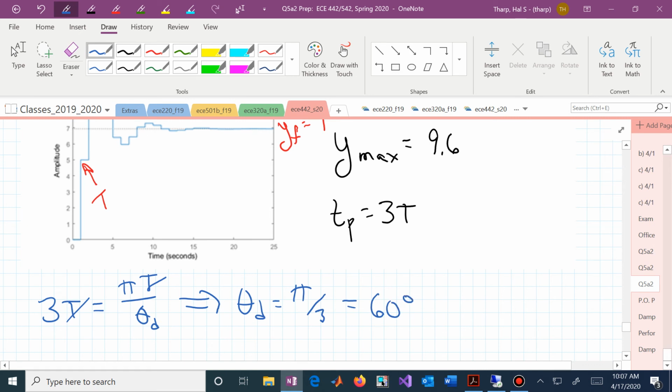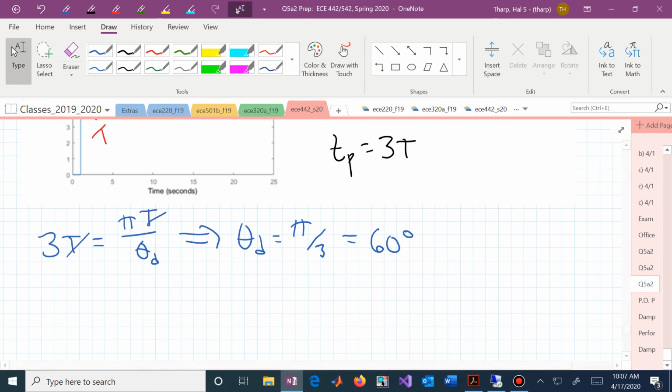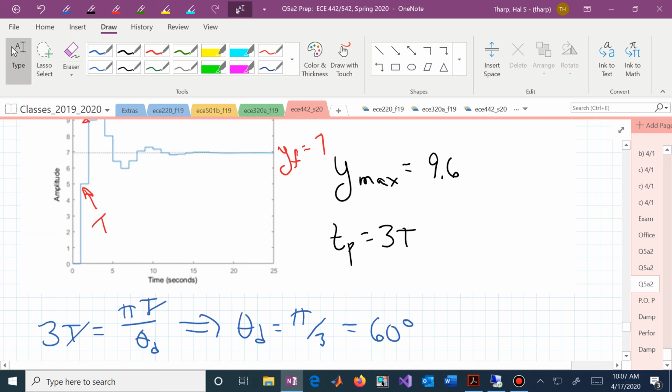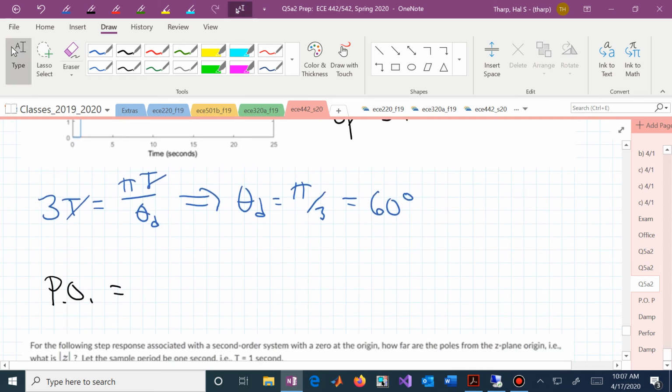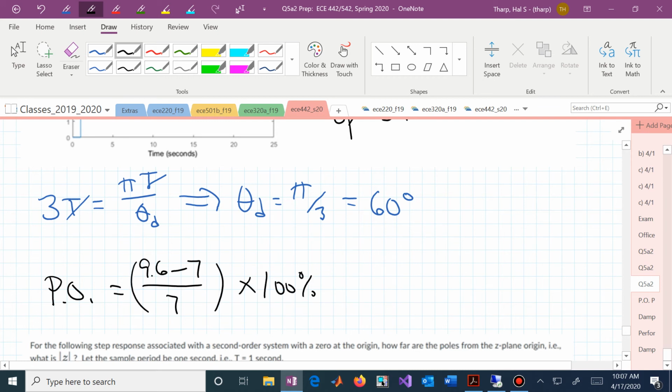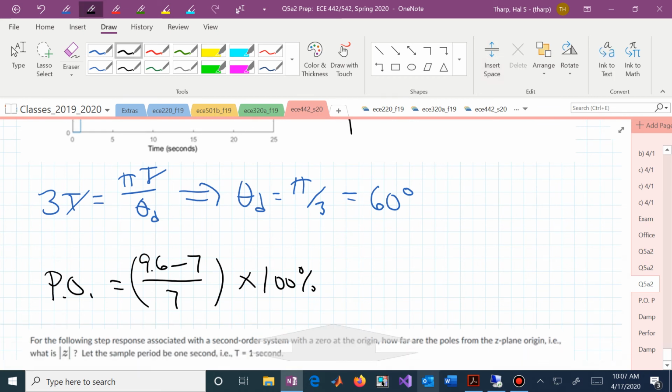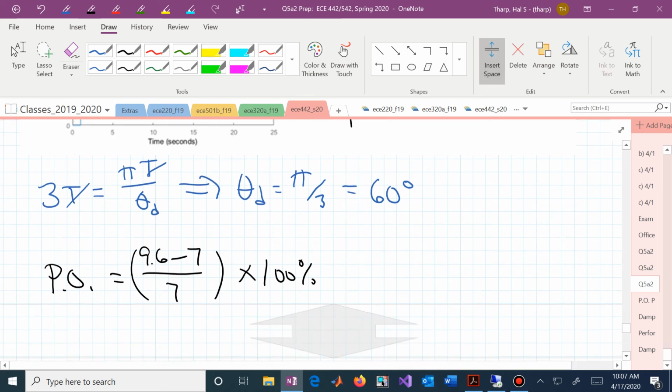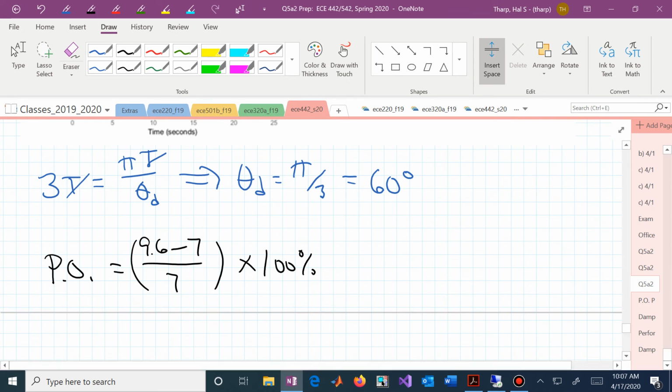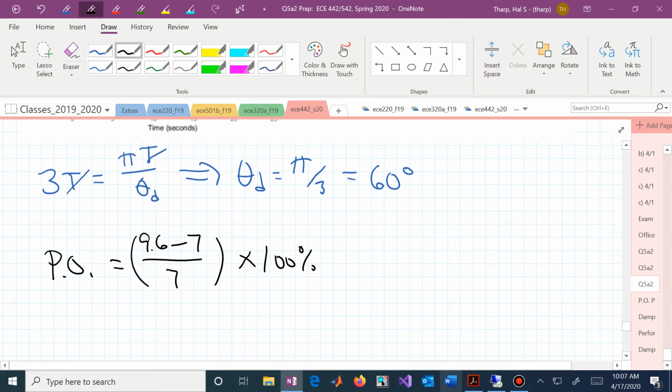We now know theta sub d. We now can find our percent overshoot. That's y max 9.6 minus y final over y final times 100%. And there could be some uncertainty there because we're eyeballing that maximum or peak value of y. But just doing this eyeballing, this now says that we have 37.1%.